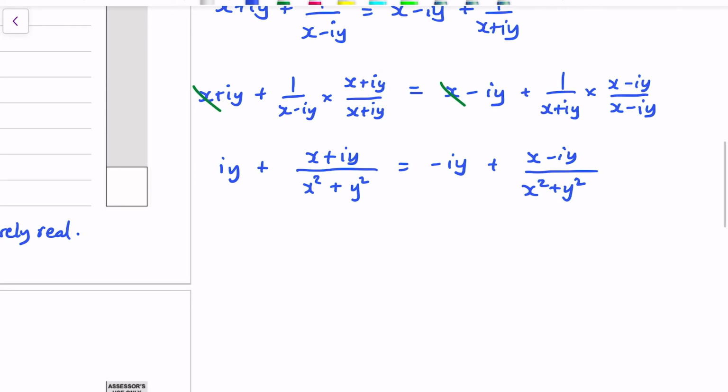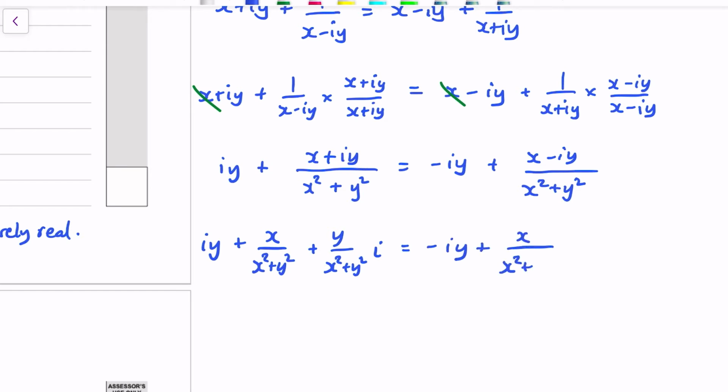Now, I can break those fractions up into imaginary parts and real parts. And the reason I'm doing that is because I've seen that they've both got the same real part. So I can cancel off that and cancel off that.